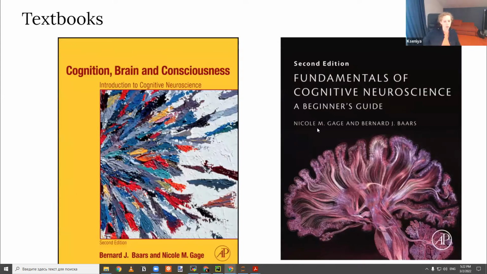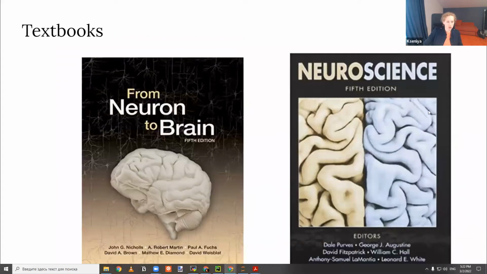Also, there are some textbooks. I've downloaded them in some special folder. I also will give you the link to this folder. So the main books are, for example, Gage and Baars' Fundamentals of Cognitive Neuroscience, Cognition, Brain, and Consciousness. Also, From Neuron to Brain, by Nicholls and Kuffler, and so on.